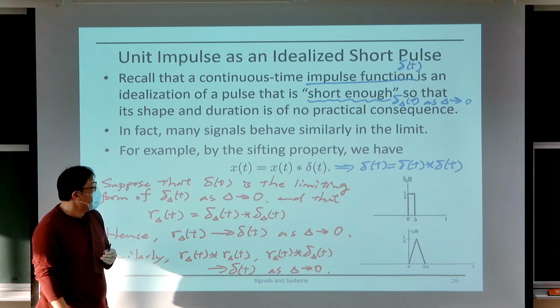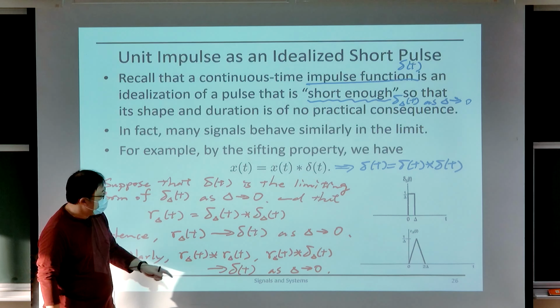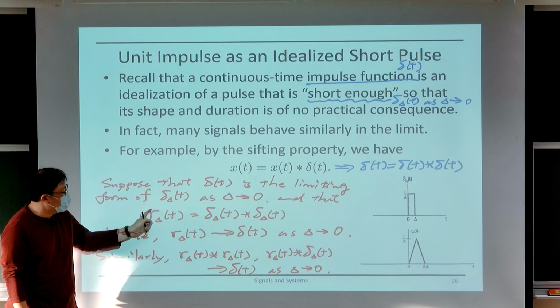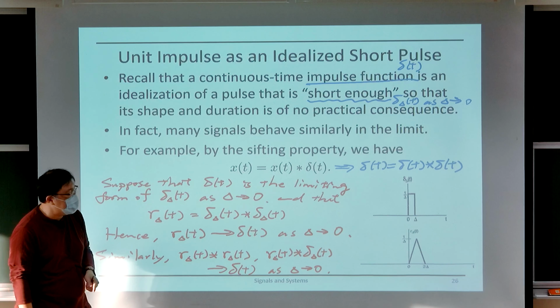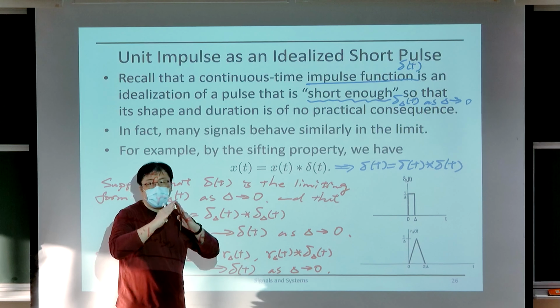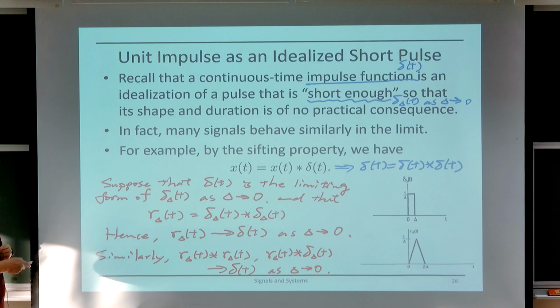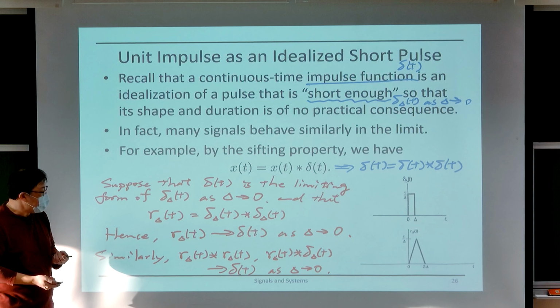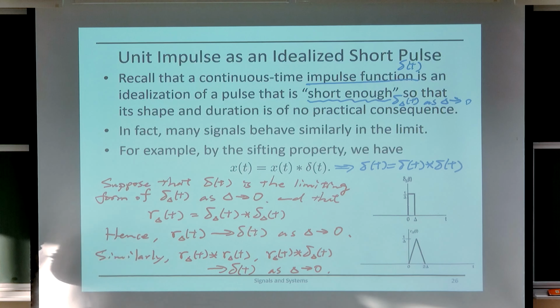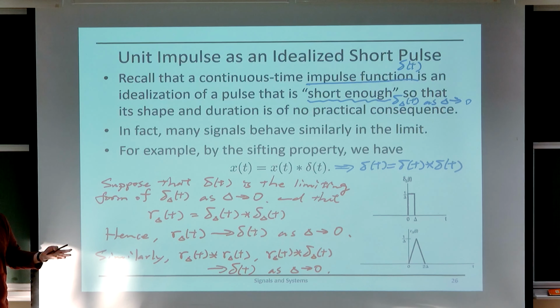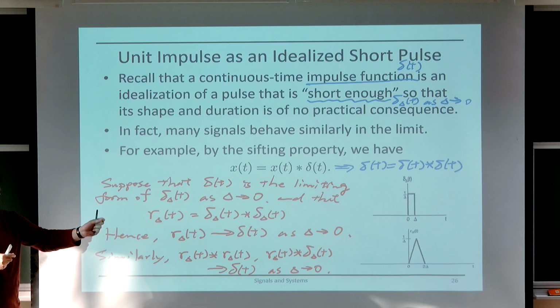By the sifting property, if we take the convolution of this rectangular pulse, we get another pulse, r sub delta of t, that is in triangular form, but still, as capital delta goes to 0, it converges to this delta of t. Following similar reasoning, you can construct an unlimited number of short pulses that behave like delta of t in the limit.